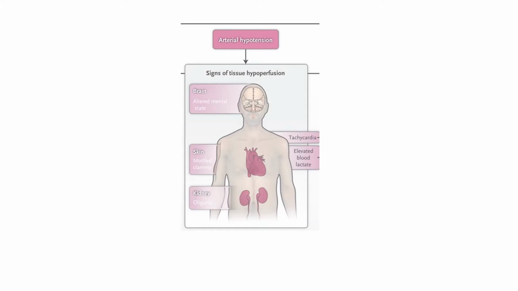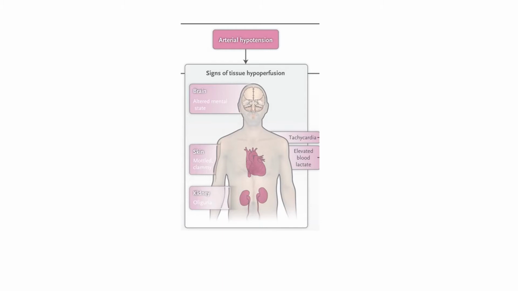Shock is a clinical expression of circulatory failure that results in inadequate cellular oxygen utilization. Characteristics of shock include systolic arterial pressure that is less than 90 mm Hg or mean arterial pressure less than 70 mm Hg with associated tachycardia.